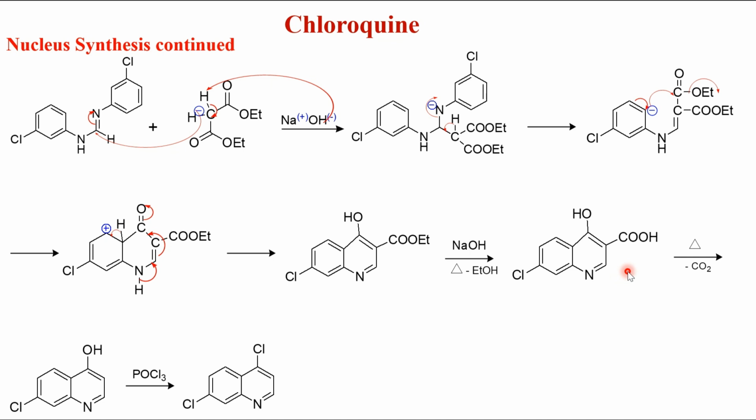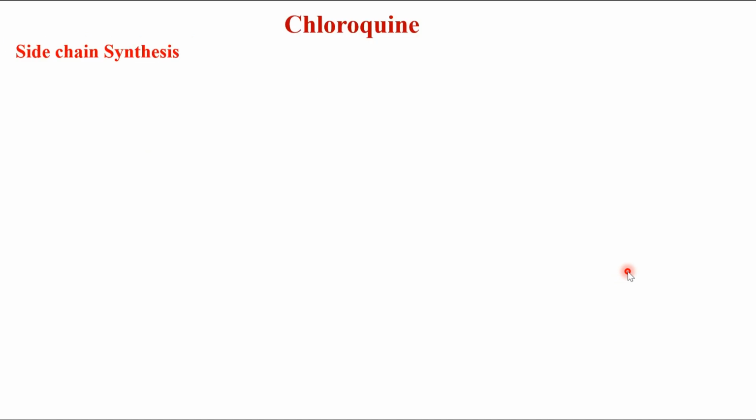Then we have to prepare the side chain. Let us look into the preparation of the side chain. I have diethylamine, and I will treat this with ethylene oxide. This is the positive center as the adjacent oxygen is electron deficient. Nitrogen has a lone pair of electrons.